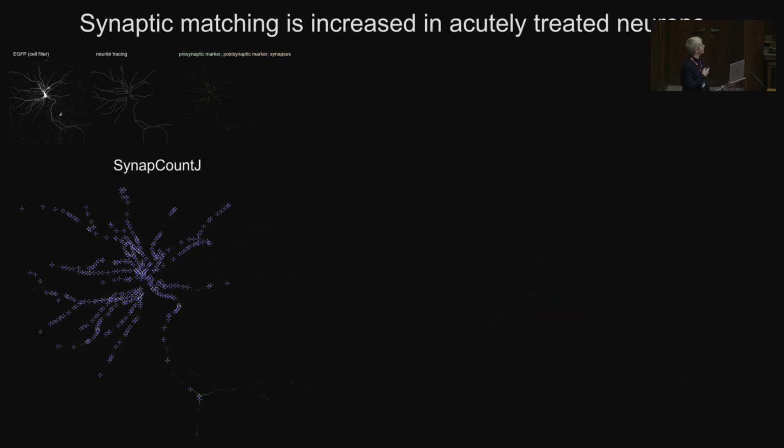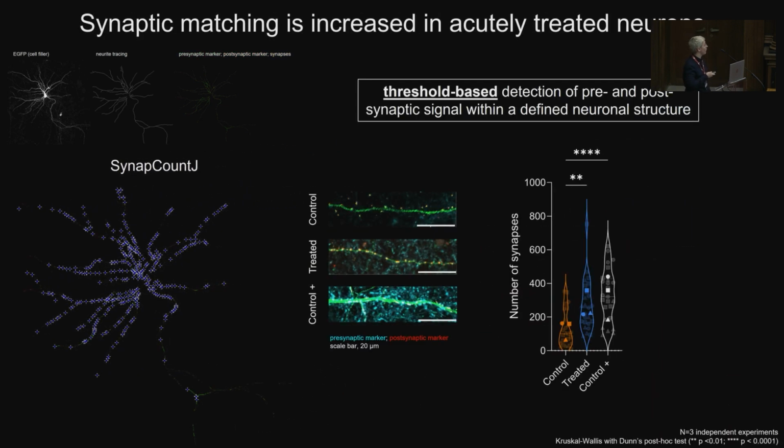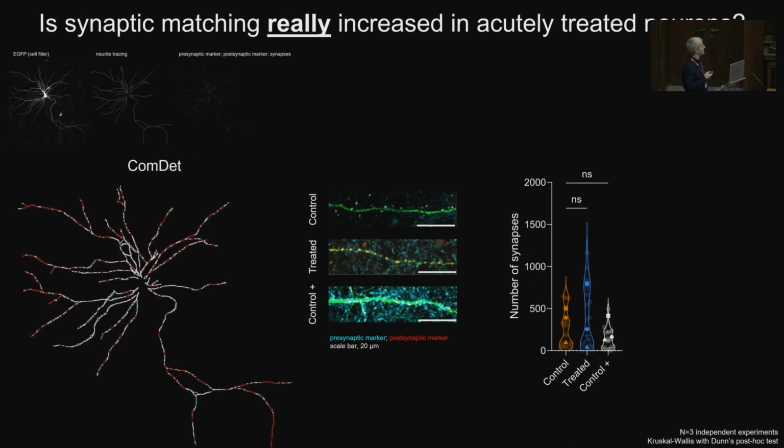Even in this case, we analyzed our different conditions using the two independent plugins. With SynapCountJ, we observed that neurons acutely treated with these extracellularly derived factors showed a higher number of synapses. But when the same data set was analyzed with ComDat, we were not able to recapitulate the same result.